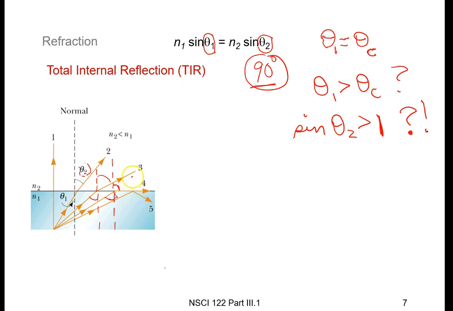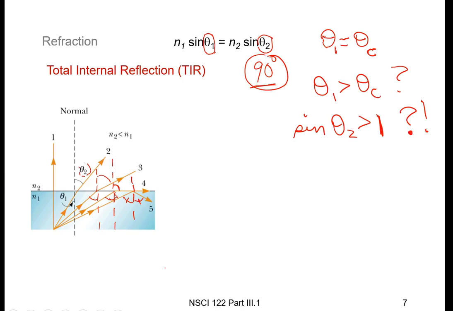See, if I were to draw the surface normal for ray 5, it would look like that. This angle right here is bigger than the critical angle, which means all of the energy is reflected, as indicated in that reflected ray. And the angle of reflection will equal the angle of incidence for ray 5, but all the energy is reflected.